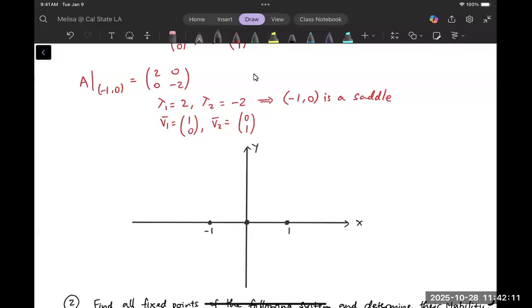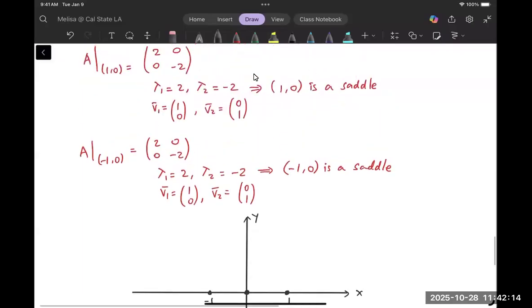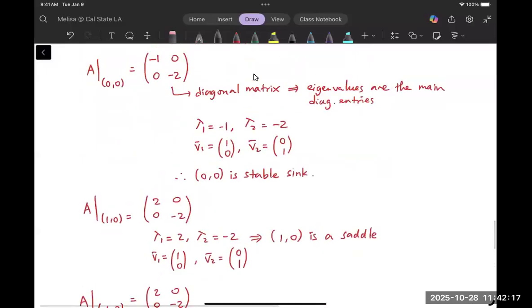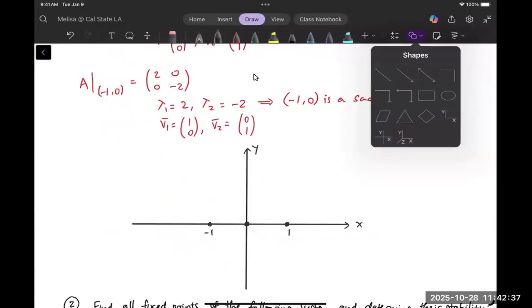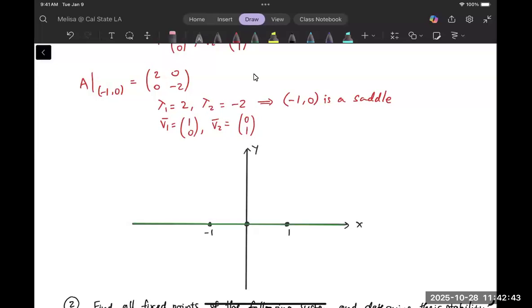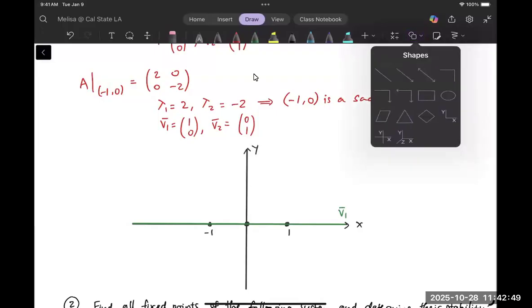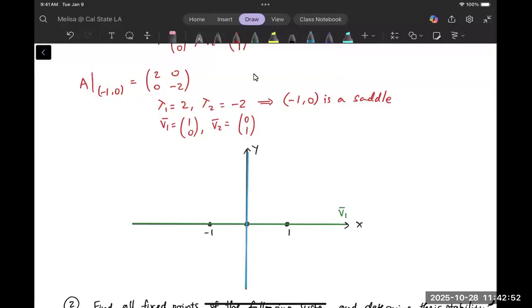Now let's sketch the straight line solutions. I'll start with the first one. At 0, 0, we have 2 eigenvectors, 1, 0 and 0, 1. 1, 0 is basically the x-axis, and V2, 0, 1, is the y-axis. So along the x-axis, you have your V1, and along the y-axis, that's your V2.